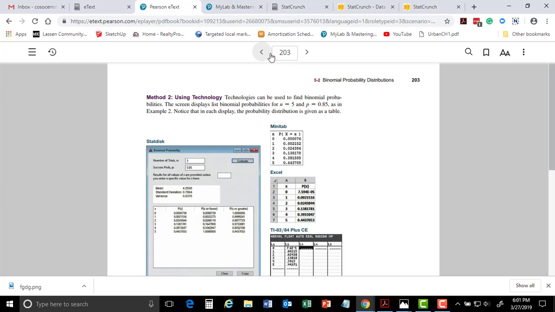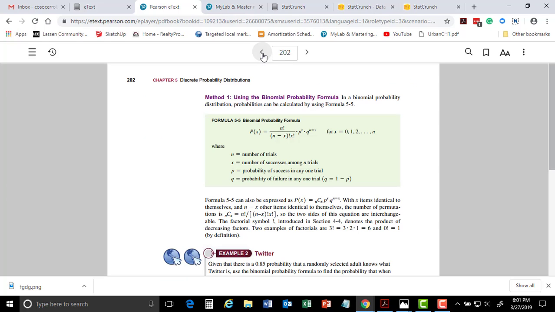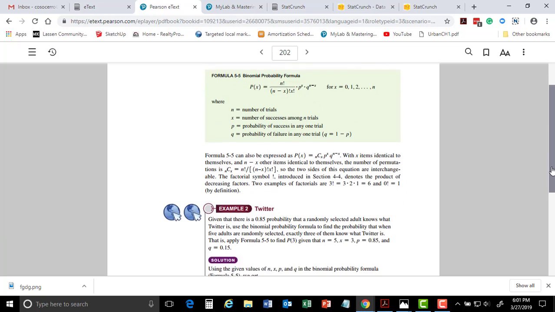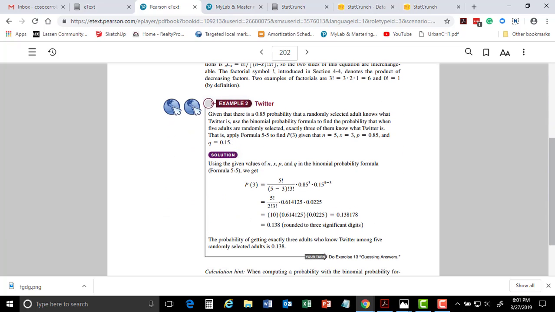That problem, it didn't work out, did it? It's not exactly number 203. Let me make sure I got the right example. Okay, let's do this Twitter one. You either have a Twitter account or you don't, out of a selected sample.